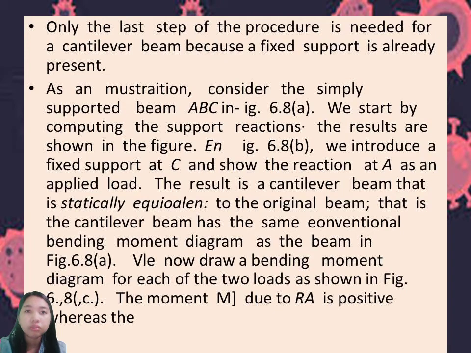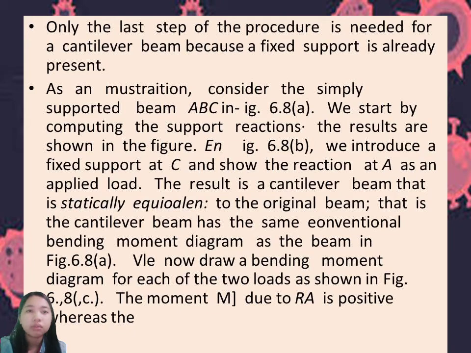We introduce a fixed support at C and show the reaction at A as an applied load. The result is a cantilever beam statically equivalent to the original beam, that is, the cantilever beam has the same conventional bending moment diagram as the beam in figure 6.8.